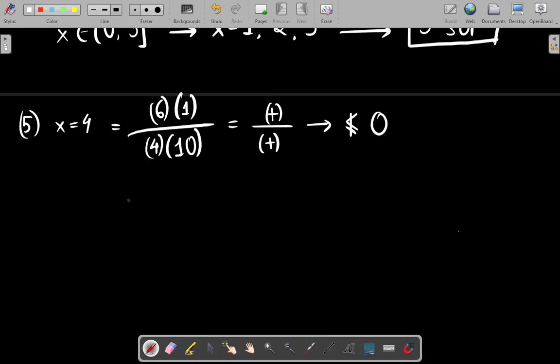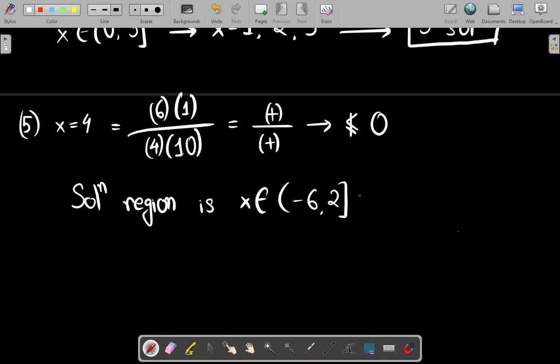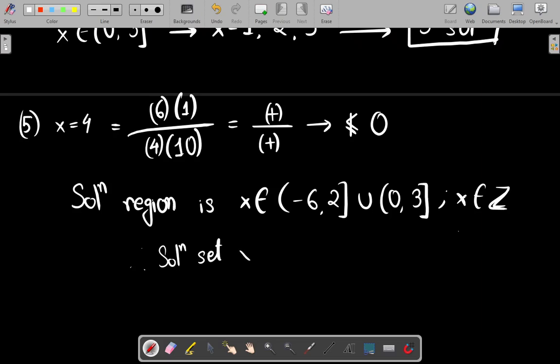So the solution region is x belongs to minus 6 to minus 2 included, union 0 to 3, where x is an integer. So this gives the solution set x equal to minus 5, minus 4, minus 3, minus 2, 1, 2, 3.